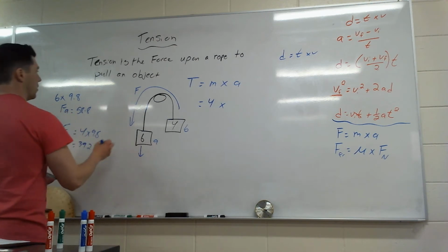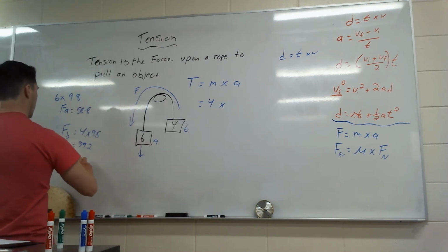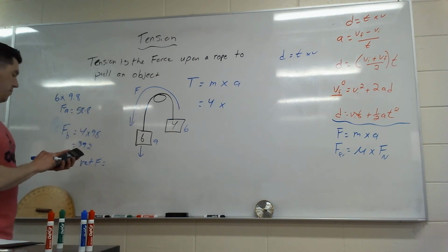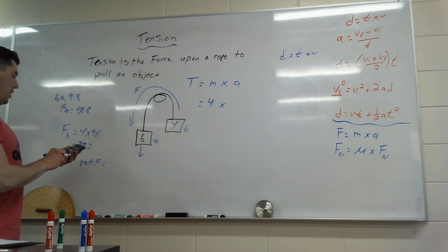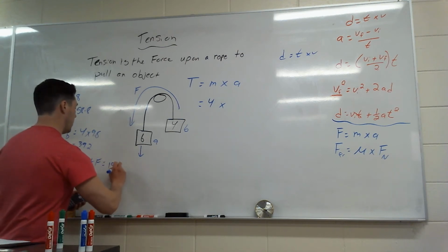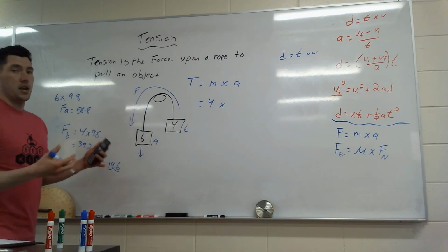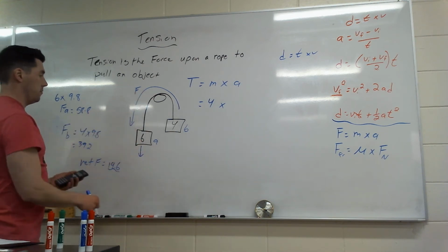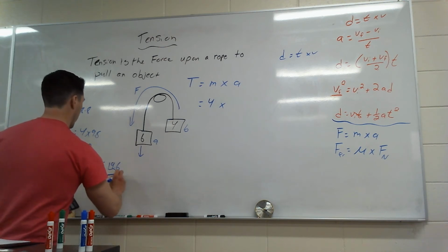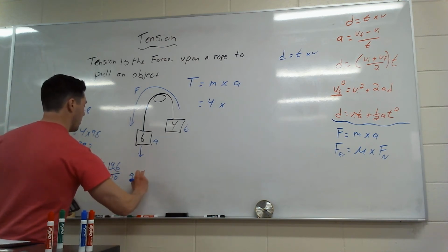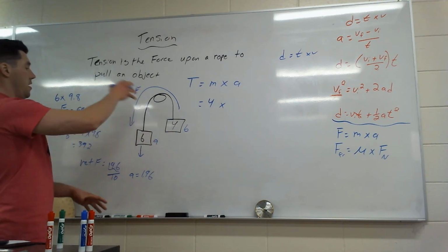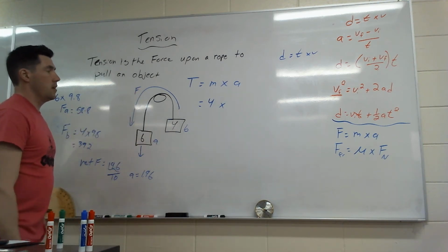If I want the net force, it equals these minus each other: 58.8 minus 39.2 gives 19.6, which is awesome. Then to get the acceleration of this whole thing, divide by the total mass. Divide by 10, and my acceleration equals 1.96. So I have an acceleration of this system of 1.96.